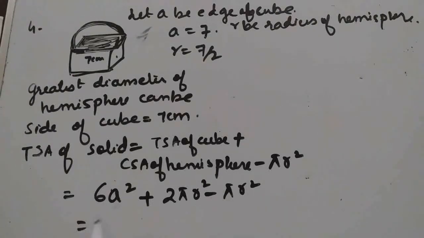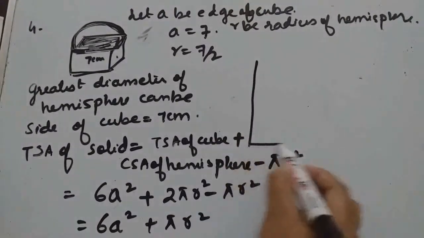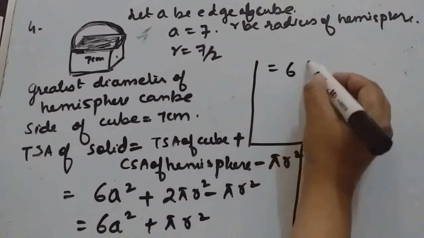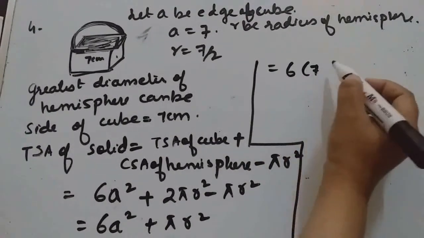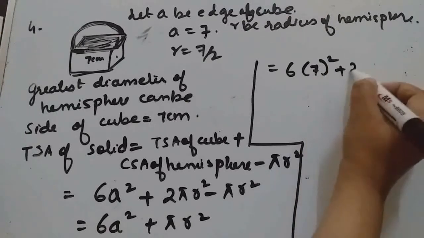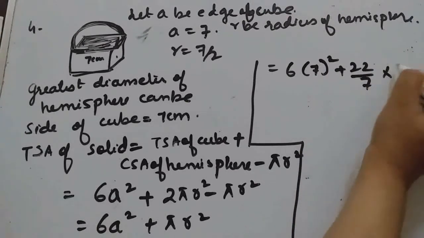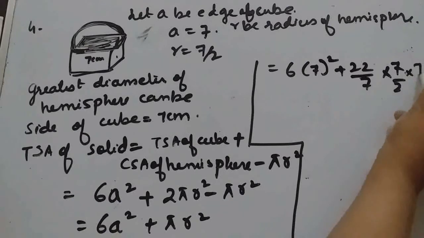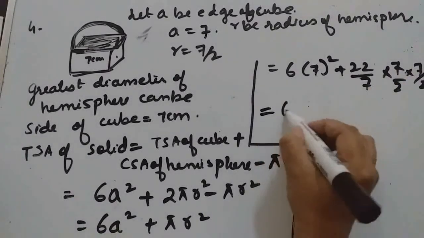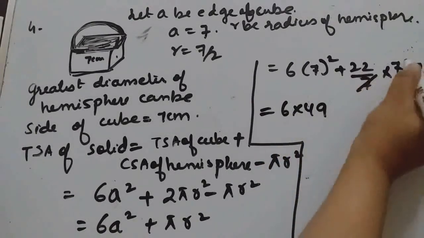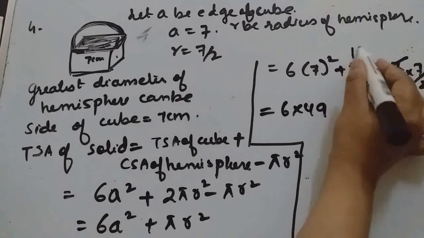So this will give what formula? 6a square plus pi r square. So 6 times 7 square will come plus 22 by 7 times r square, that is 7 by 2 times 7 by 2. So 6 into 49, this 7 will go, 2 will go with 22 giving 11.